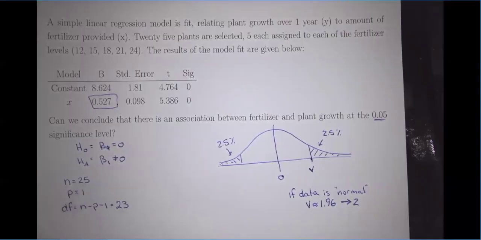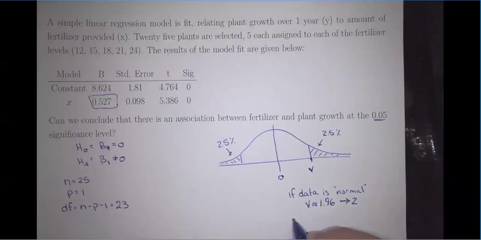Now, 25 plants leads us to believe that maybe we don't have enough data for this to be a normal model. Maybe we need this to be a model that uses the t distribution.